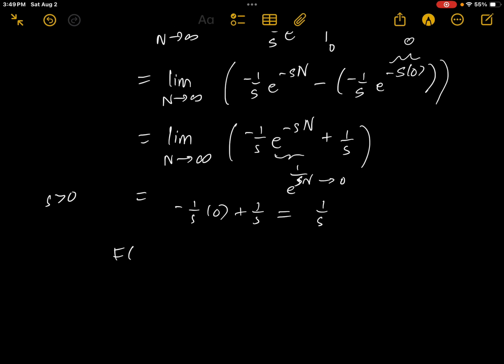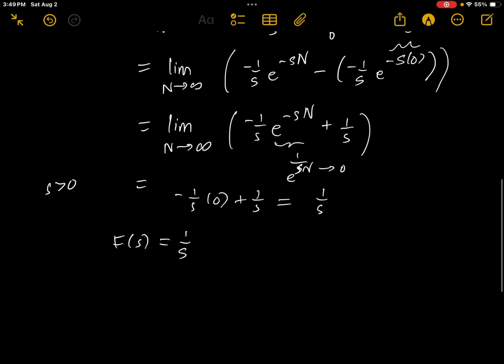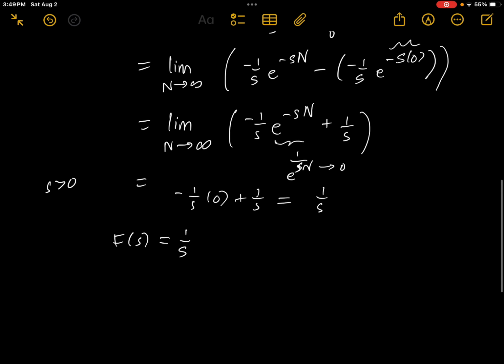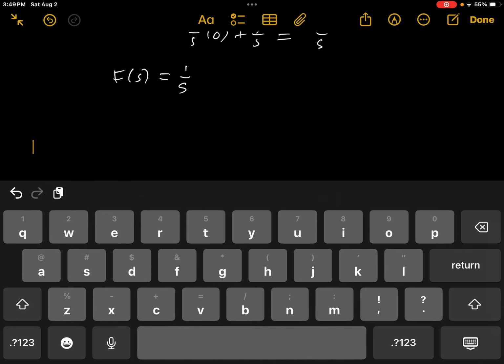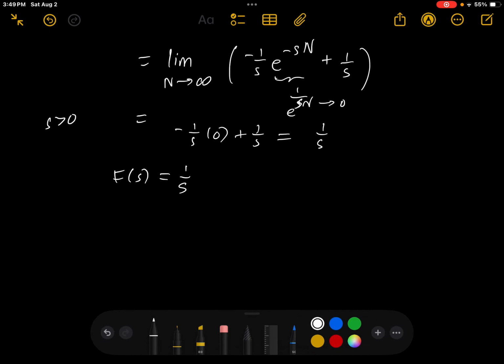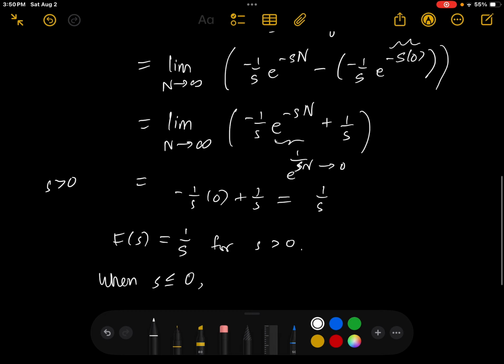So your Laplace transform of 1 is going to be 1 over s for s greater than 0. And when s is less than or equal to 0, what's going to happen with this limit?